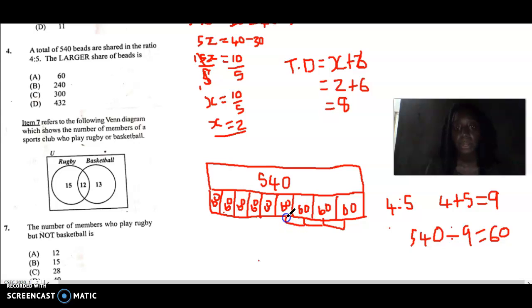All right, so I'd continue adding. Plus 60 is 240. Plus 60 is 300. Okay, so our answer is equal to C, which is 300. All right, so there you have it.